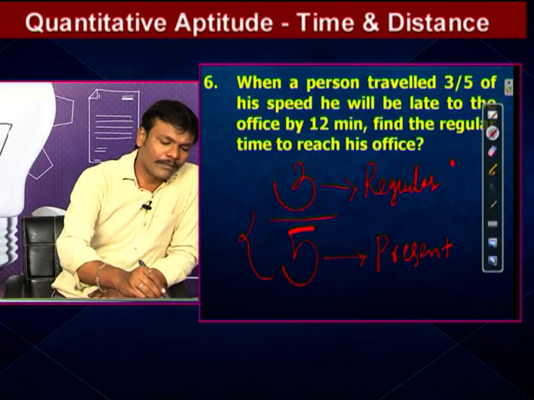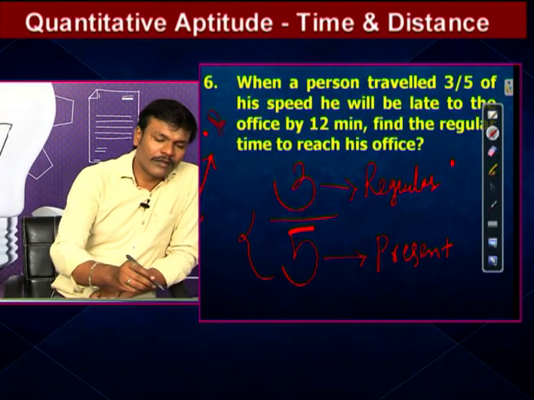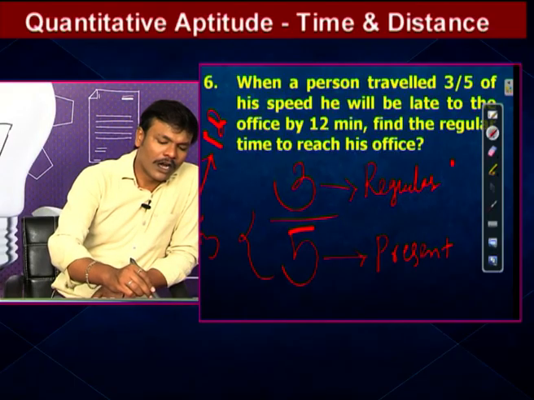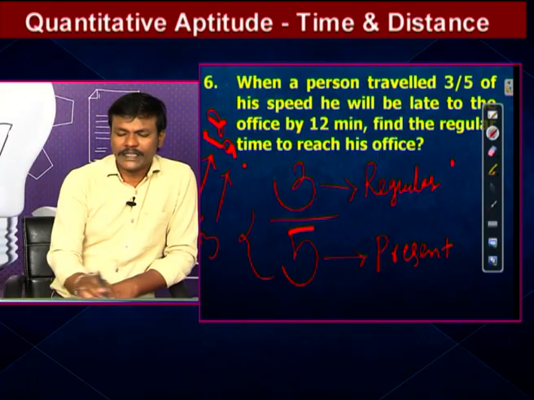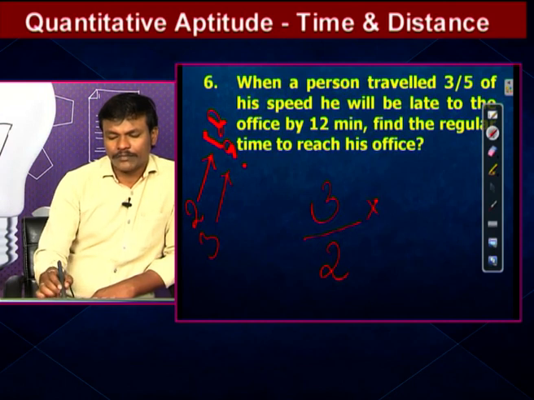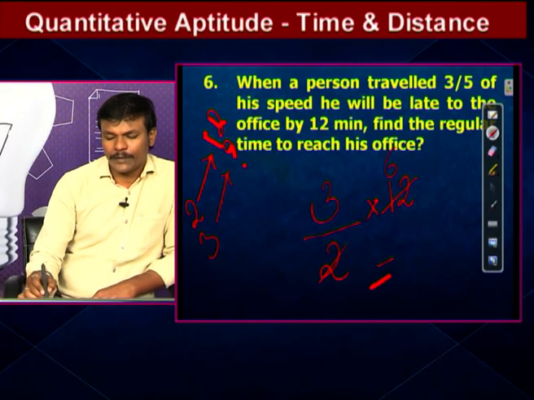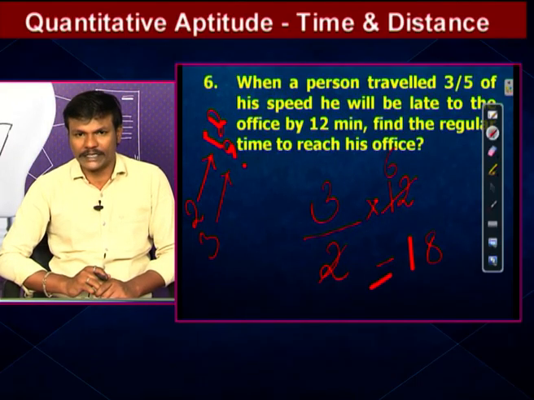Simply, 3 by 2 into 12 minutes. 2 sixes are 12, 6 threes are 18 minutes. His regular time to reach his office is 18 minutes.